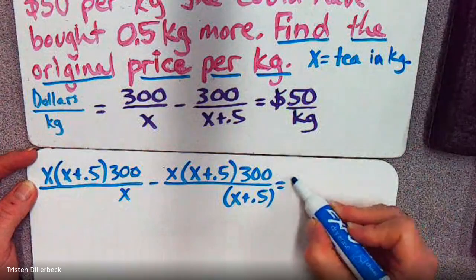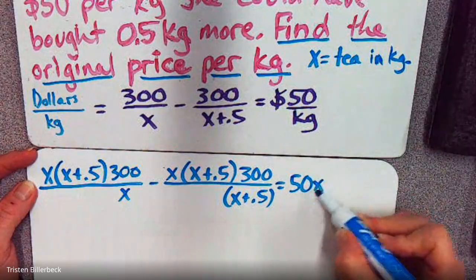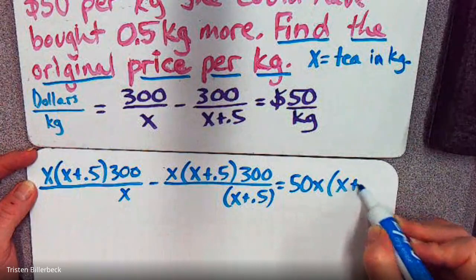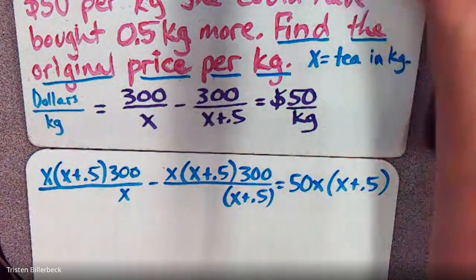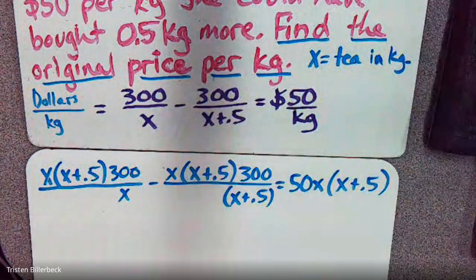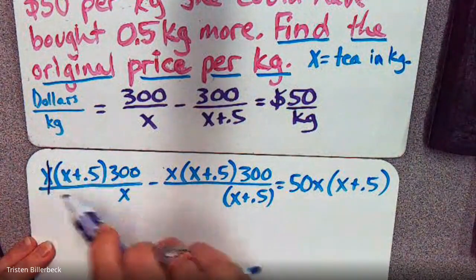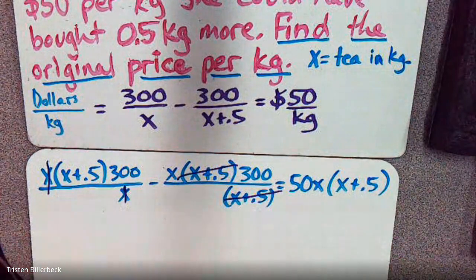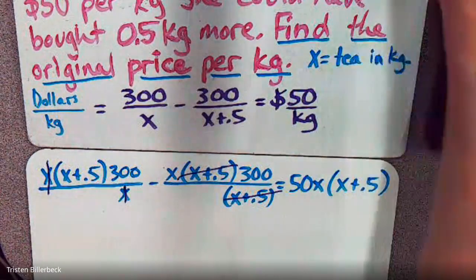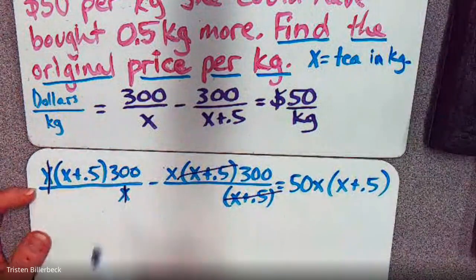Then we have 50 times x plus 0.5. All right, so we can see right away what we can cancel here. Okay, these x's go away. These x plus 0.5s go away. We have no denominator. Happy days.